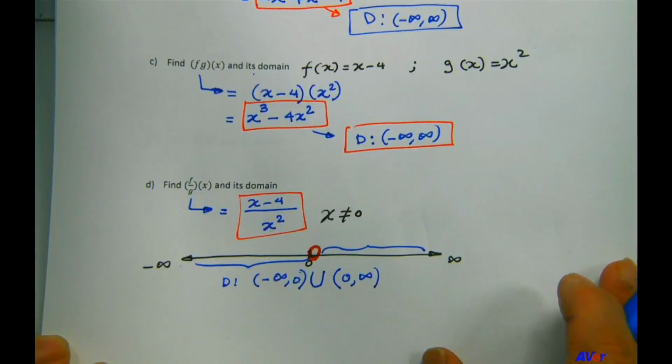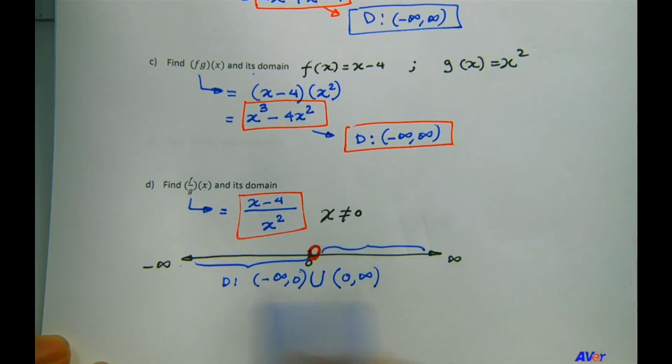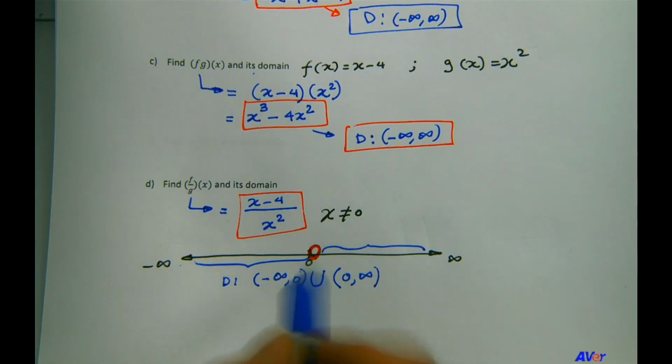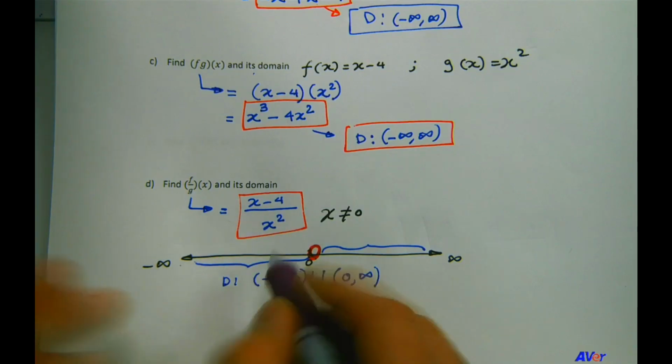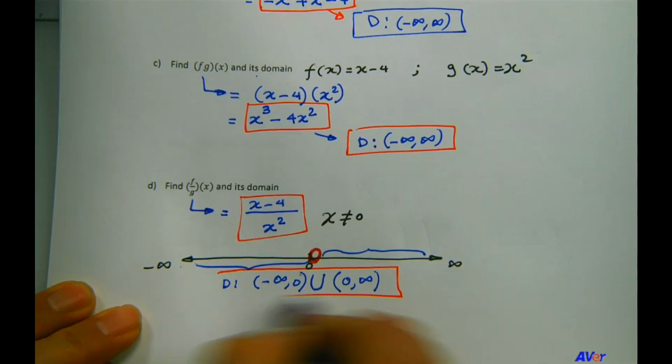So now take the intersection, compare this with the domains of the parent functions, both of which had their domain at negative infinity to infinity. So which domain is more restrictive? This one, right? This is saying everything except 0, but the parent functions were saying everything, right? So the more restrictive domain is the final domain of the combined function. So the final domain of this combined function is that one.